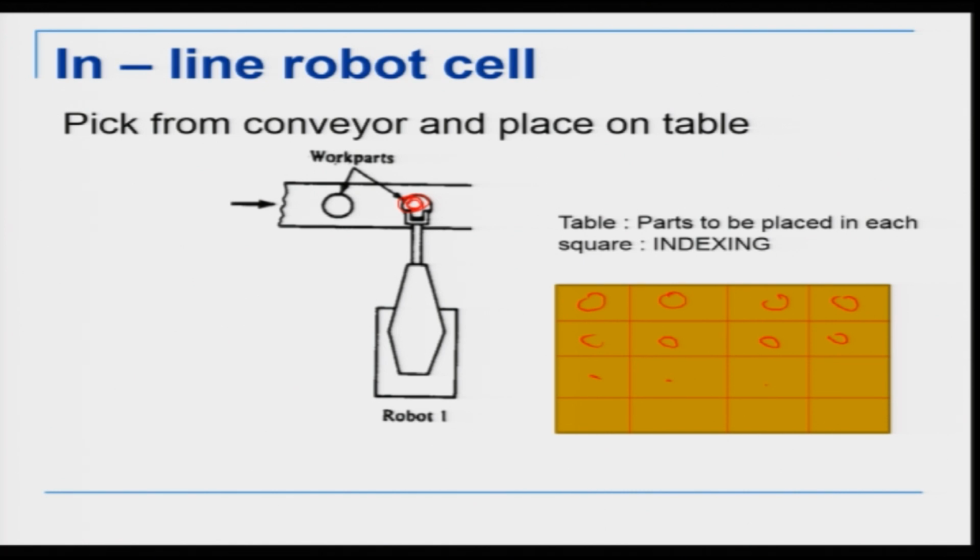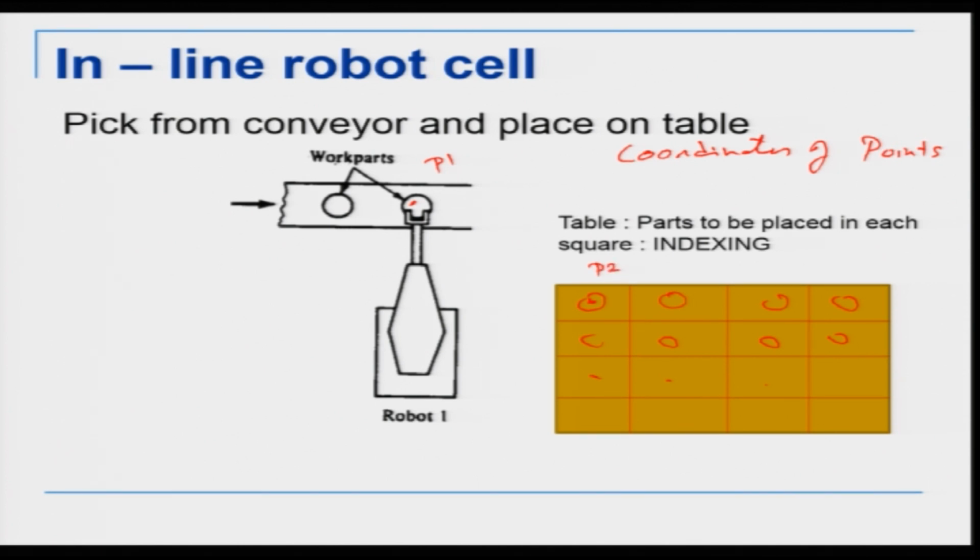Now, it becomes very clear that apart from your move, we need to know the coordinates of these points. So, for example, I need to know the coordinate of the pick point P1, I need to know the coordinate of that drop point P2. Okay. So, these coordinates I need to know.